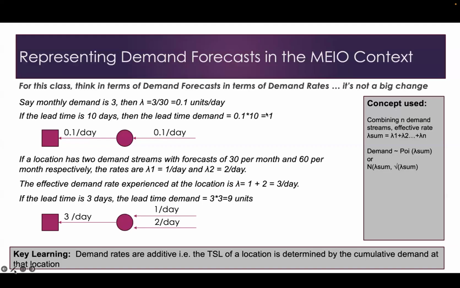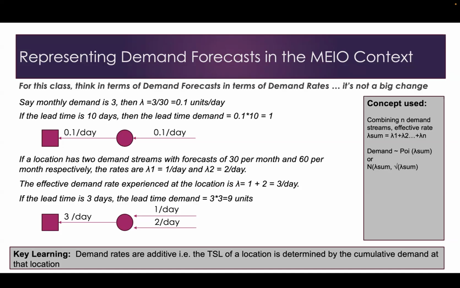One store has a forecast of 30 per month, which is 1 per day, and the other location has 60 per month, so 2 per day. Then the combined demand, and this is a Poisson property which we're using, but this sounds very intuitive. You don't even have to know it's Poisson. If it's 1 per day and 2 per day, then the subsequent upstream location gets 3 per day. Does that make sense so far?